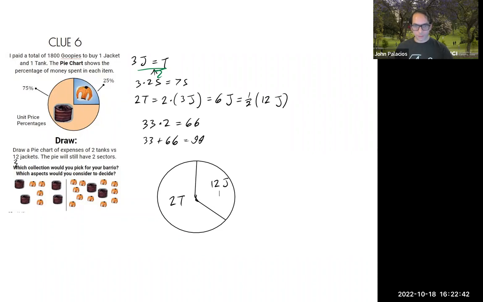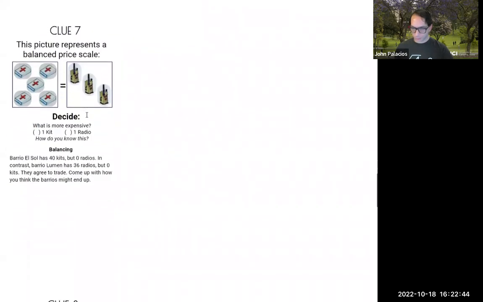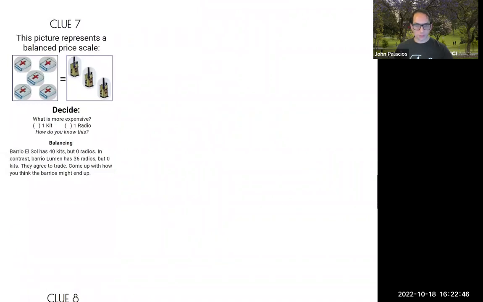Okay, so let's talk about clue number 7. Here we have the pictorial representation of 5 first aid kits is equal to 3 radios. So we have a ratio of 3/5: the price of a radio is equal to 3/5 the price of a first aid kit.